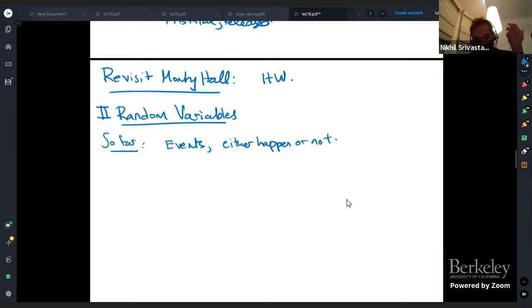But often we're interested in outcomes of experiments that don't just have a binary value, that have a numerical value.